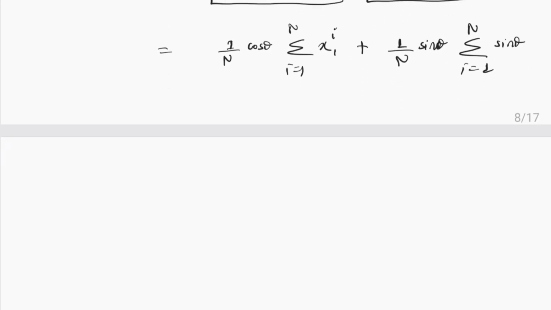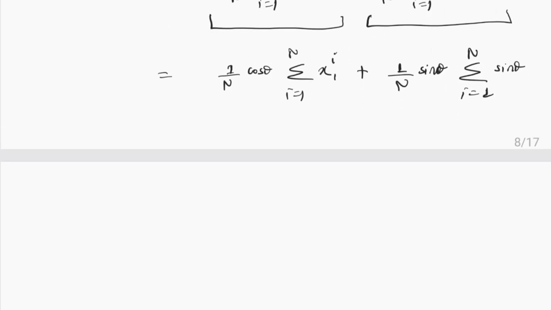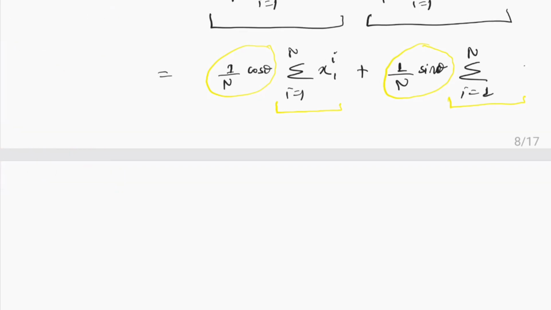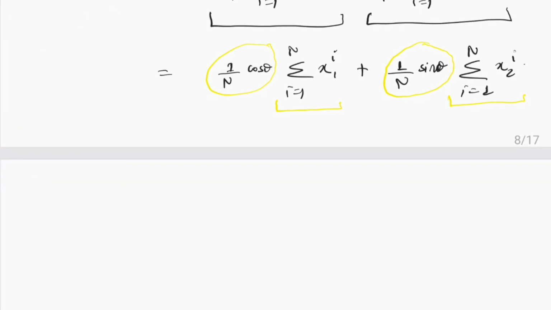So finally, what can we write? See, this one and this one is nothing but a constant for now, and this one and this one, sorry, I have written this is sine theta, this is not sine theta, this is x2y.